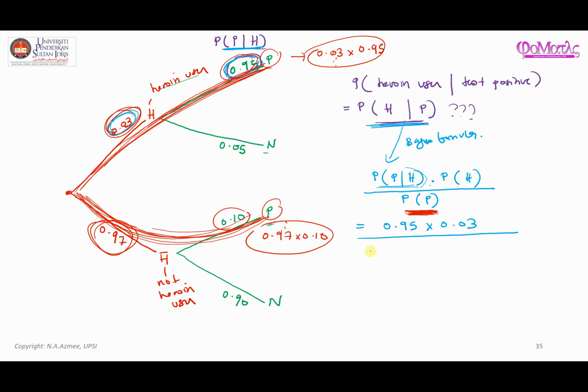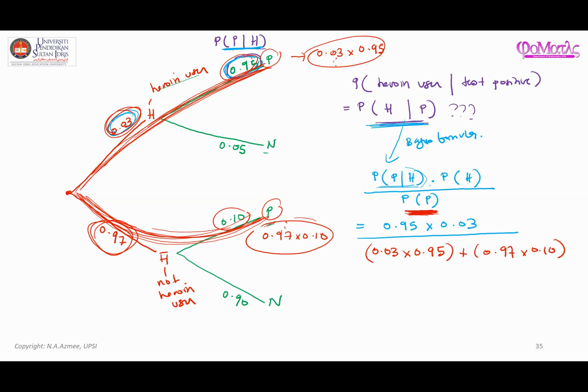So I'm going to write down the process here. We're going to multiply 0.03 times 0.95, plus this result, which is 0.97 times 0.1.